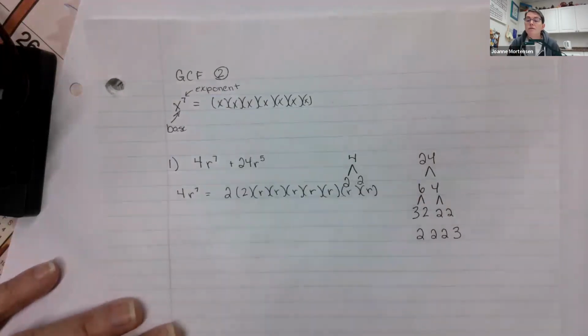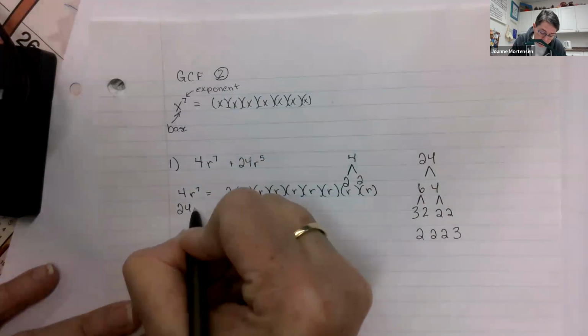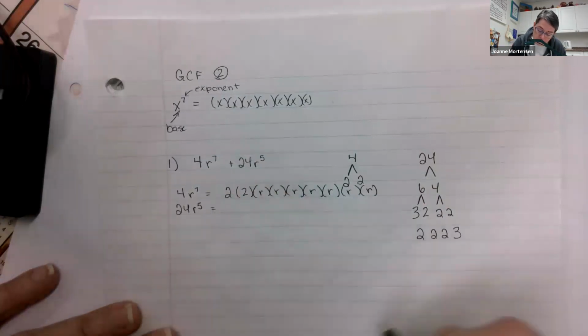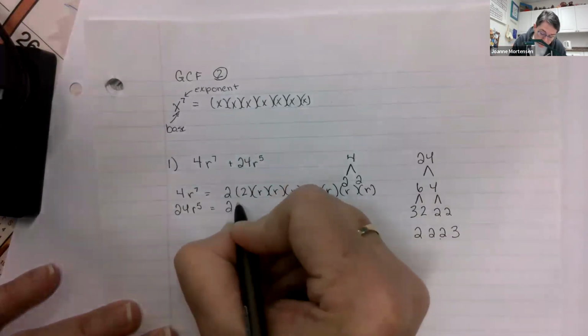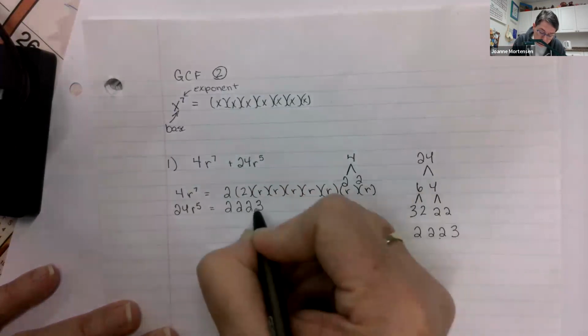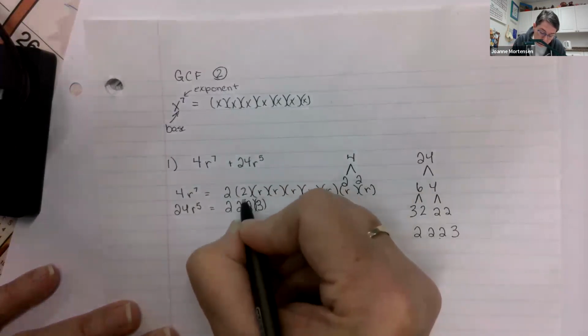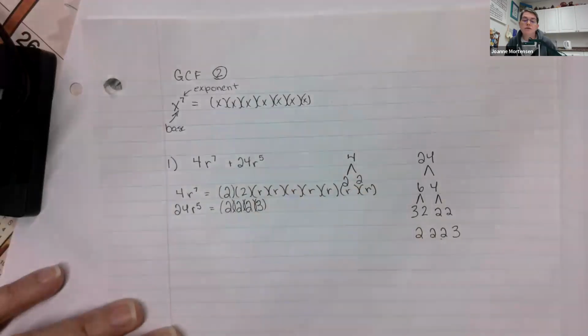I'm not going to worry about signs right now. We'll deal with that at the end. So we're going to put 24 R5, and my 24 is over here. So 2 and 2 and 2 and 3. For those of you that were worried because I didn't put a bracket around the first 2, you don't have to.